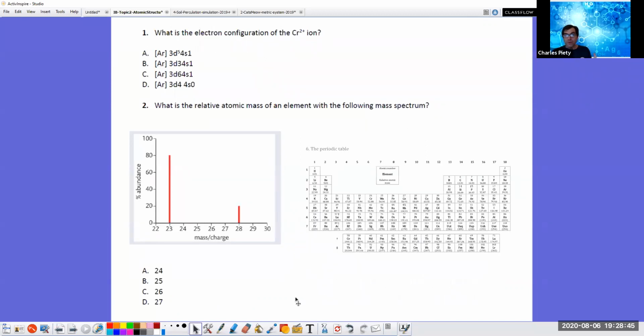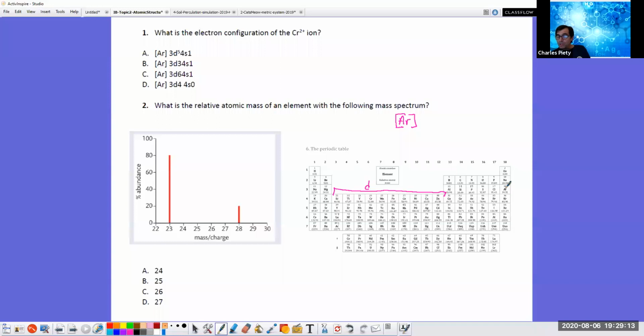So whenever we're doing electron configuration, we need to count electrons. Chromium is right here. Ooh, that's one of those D block elements. And we learned that D block elements, they like to lose these here. So we would expect this to be, and we can do the shorthand notation, we know it's going to be argon.